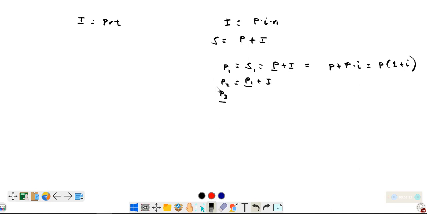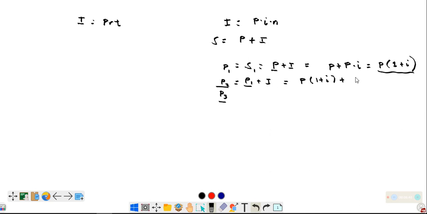Okay, dun sa pangalawang term naman tayo. Gagamitin ulit natin yung nakuha nating value dito. This is going to be the new principal. So, magkakaroon ka ng P sub 1, which is P times 1 plus I. Tapos, i-add mo ulit yung na-acquire mo na principal from there.